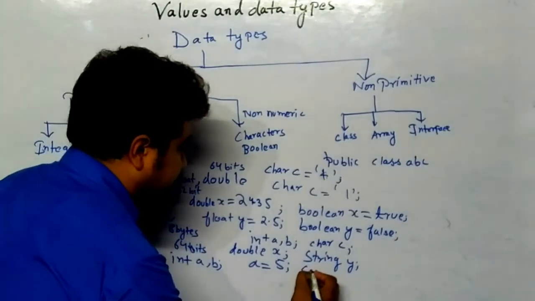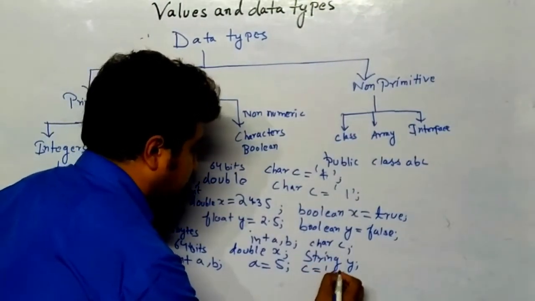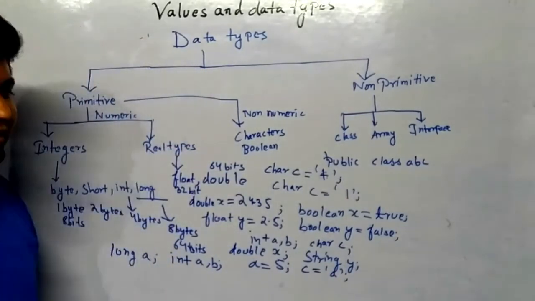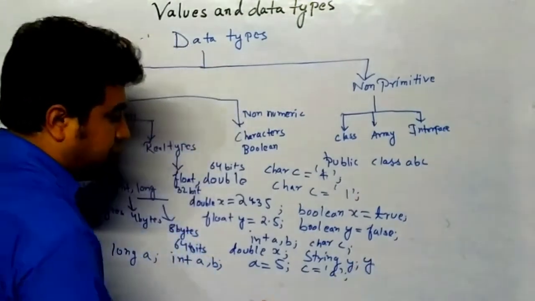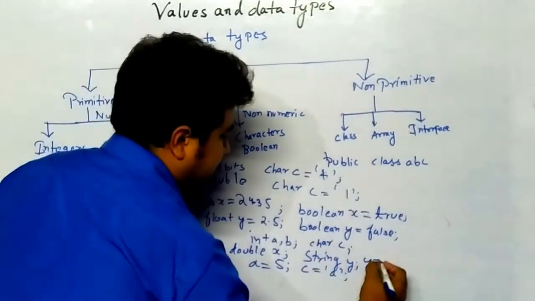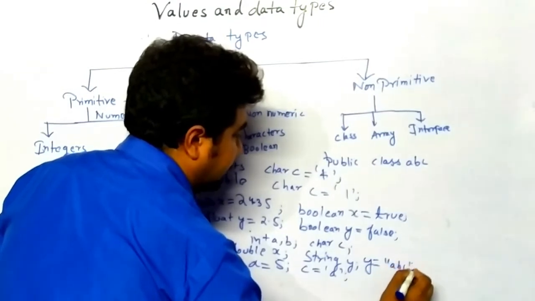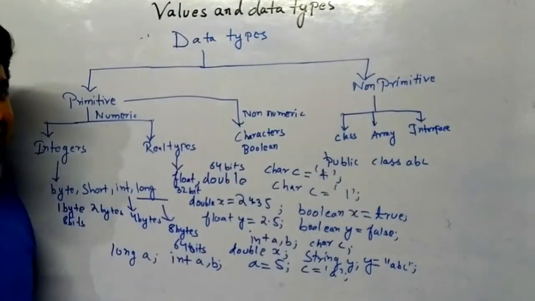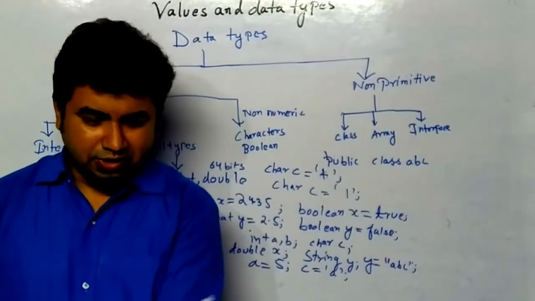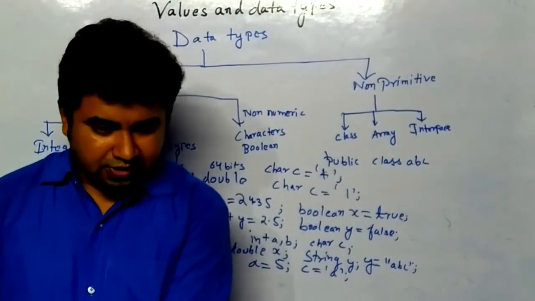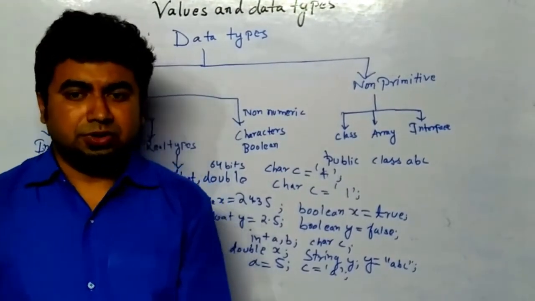Or you can see about c. If I am writing here small a, it will be stored in c. Or you can see y. y is a string type of variable. You can write here double quotes and abc and then a semicolon. So this is known as assignment. Now we'll be discussing more things about the next topic, that is initialization, and the next thing is type conversion. Two things.